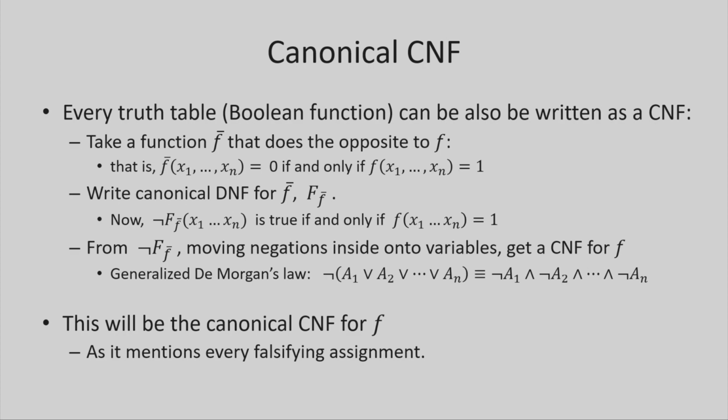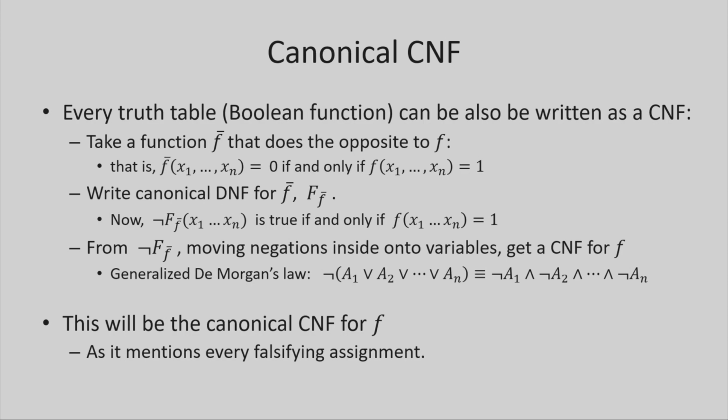Now, we could use the same idea that we just had to write a canonical DNF for that function that does the opposite. Finally, we take the negation of that DNF in order to go back to computing our function, the one that we started with. And remember, if you take a negation of a DNF, we get a CNF.